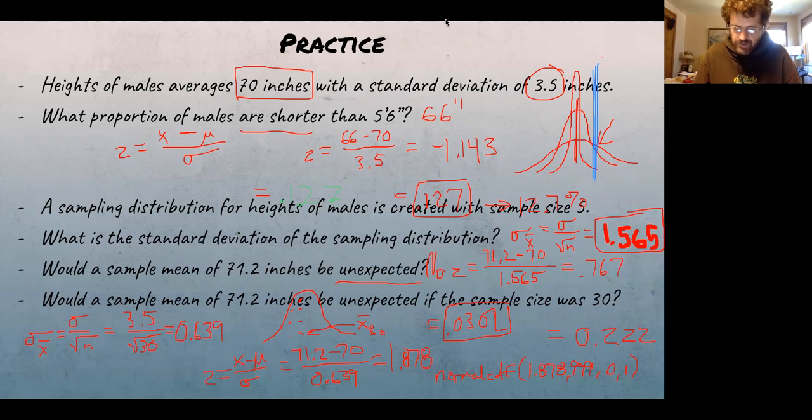But then when I have a sample size of 5, that's this one right here that I'm highlighting again. There, it's a little more unusual to find that 71.2 is the average of 5 people. But then when we get to the sample size of 30, it's just incredibly unlikely to find an average that high. Okay, so hopefully just visually that was making sense.